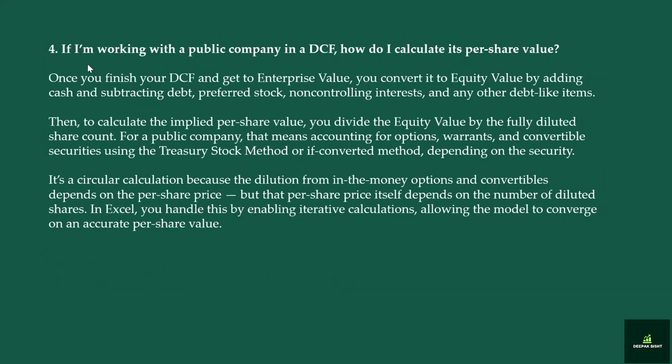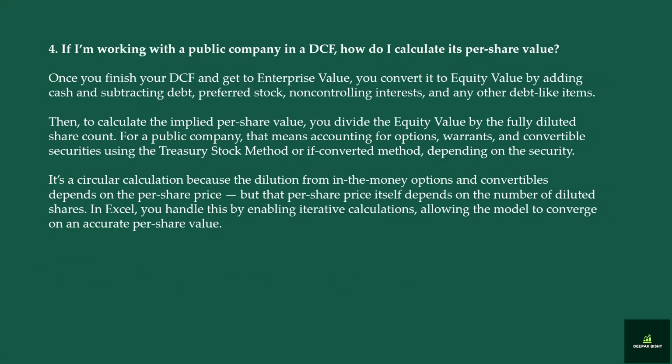Question number four is, if I am working with a public company in a DCF, how do I calculate its per share value? This is actually around per share value.